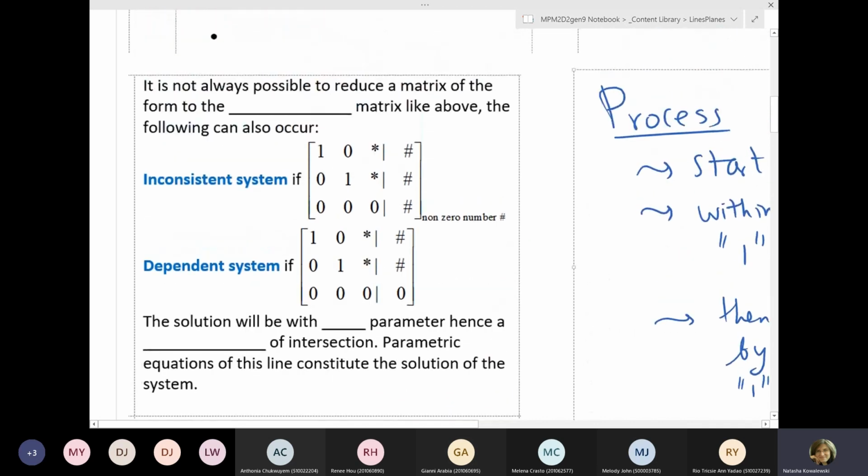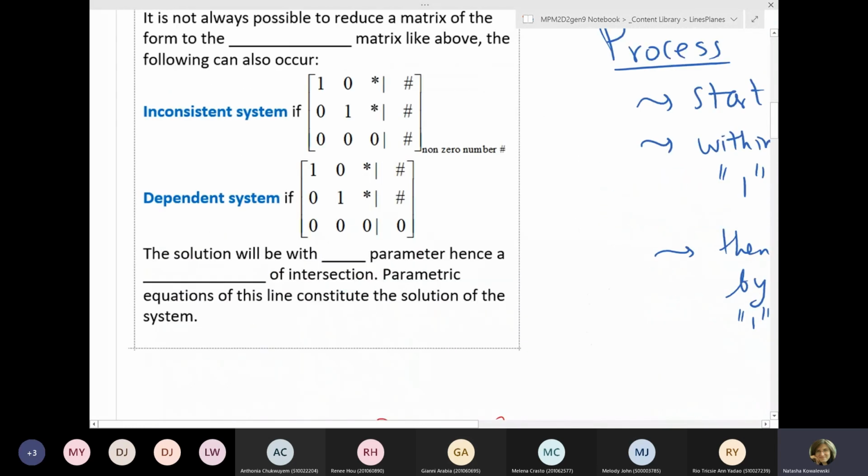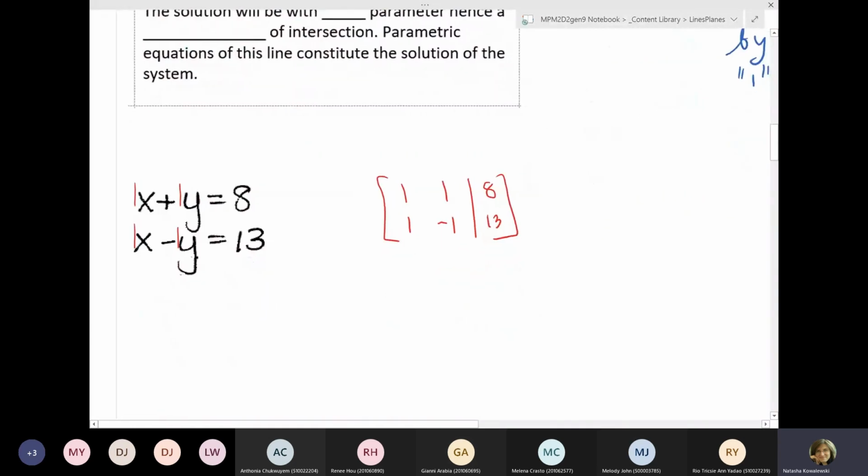Next, I guess I have to go back to talking about what we do with these equations. As you saw when we worked with equations, we could start adding or subtracting to eliminate things. One of the things we could do is also do certain operations that will be equivalent to adding, or sometimes you would take an equation and multiply it by a certain number, let's say 2, and that's still an equivalent equation.